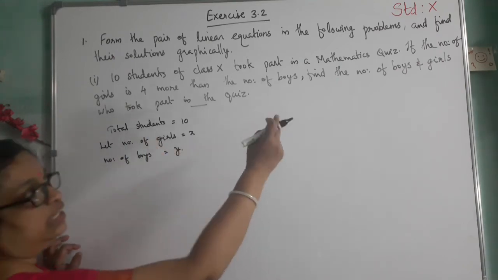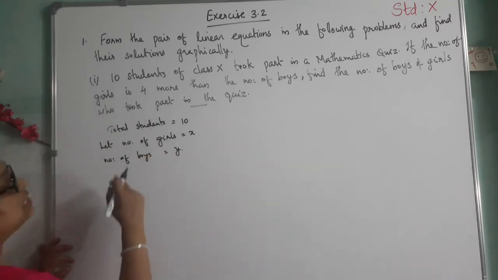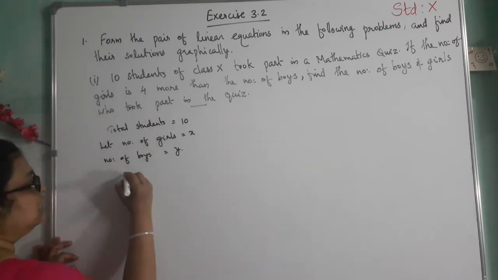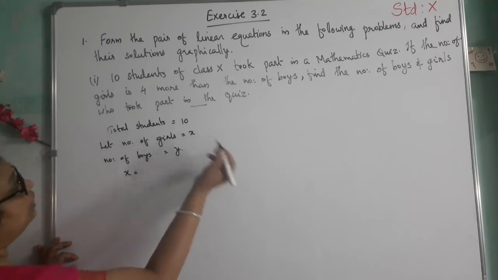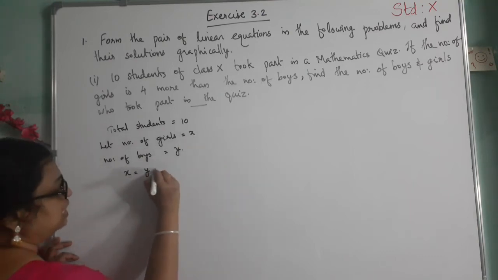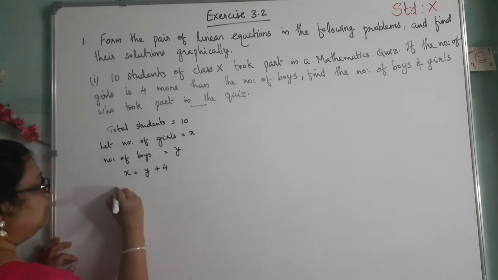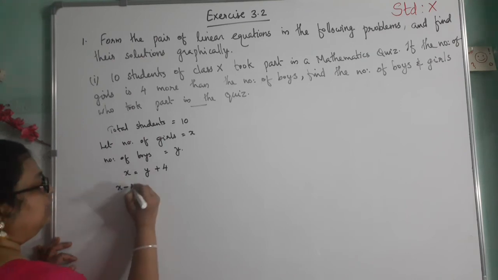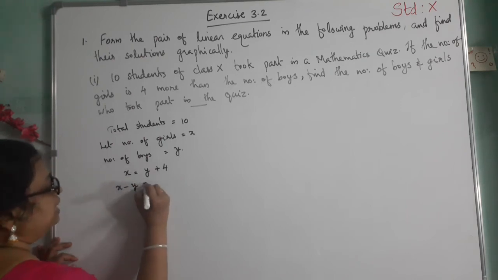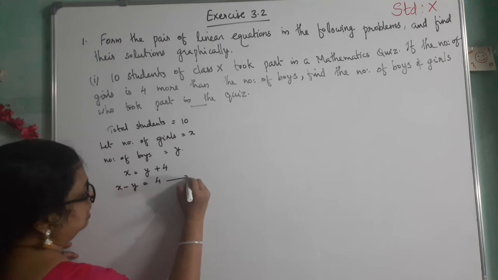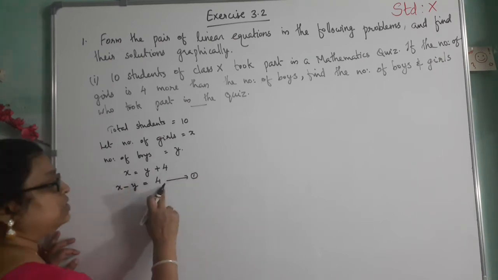So x is 4 more than the number of boys, that is x equals y plus 4. That we can write as x minus y is equal to 4. This is equation number 1.